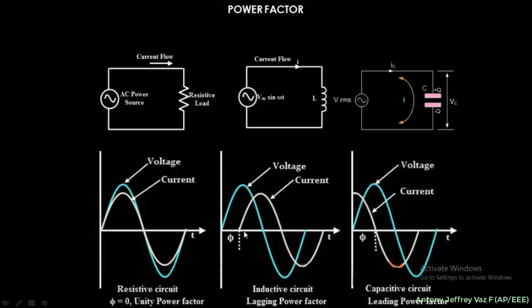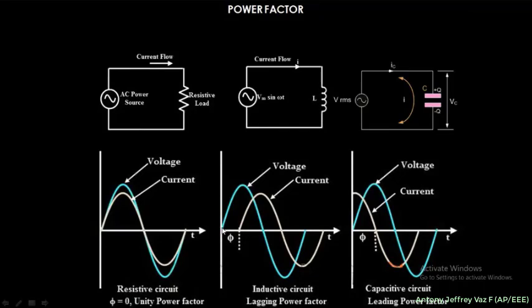in a graph, what you observe is, here this one is the voltage wave and this one is the current wave. You see in the previous case both start at the same zero position, but in the inductive circuit the voltage starts at zero position, whereas the current waveform is lagging.